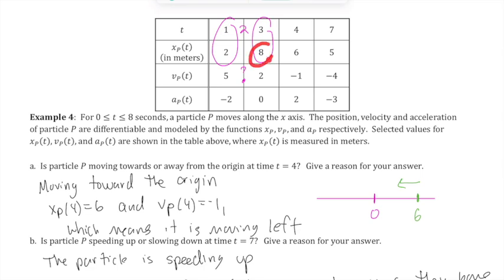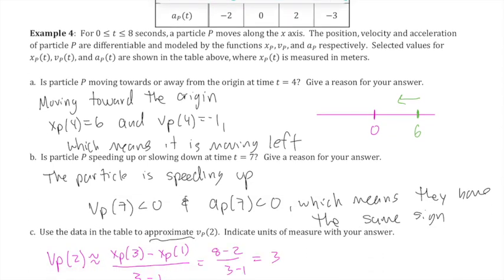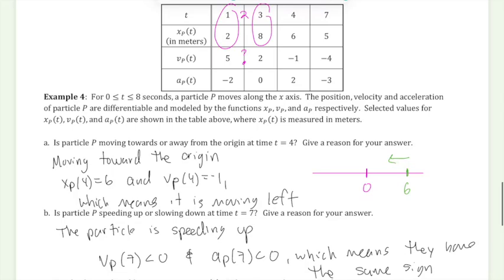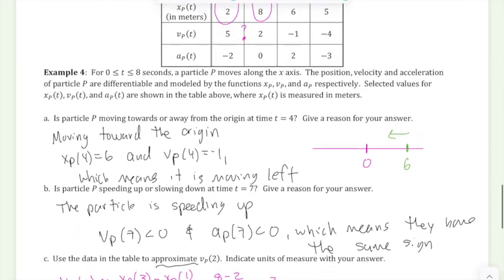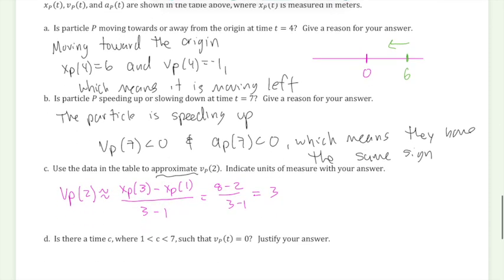So we're going to have 8 minus 2, which is 6, over 3 minus 1, which is 2. And the values are going to be meters per second, because look, we're in meters, and then per time, which is seconds.